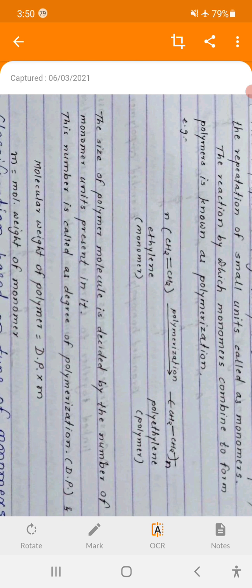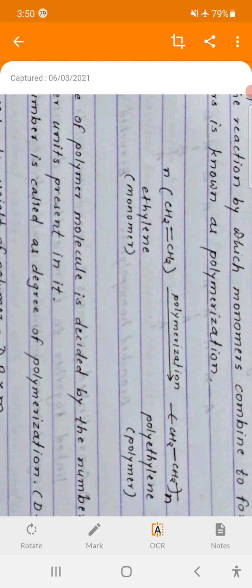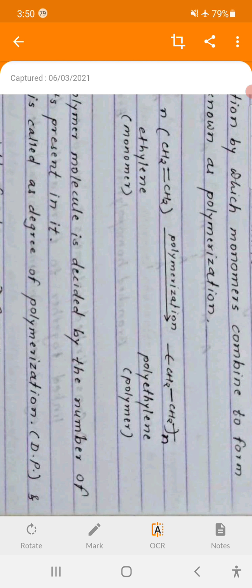Suppose n number of, that n may be 300, 400, 500 in this range, n number of ethylene molecules join together to form polyethylene as a polymer.